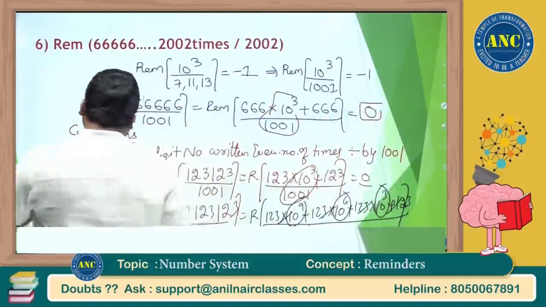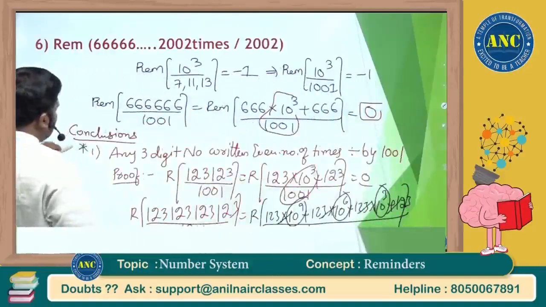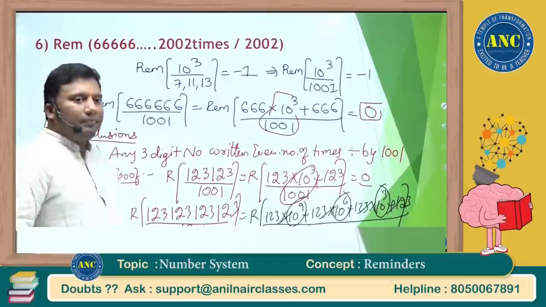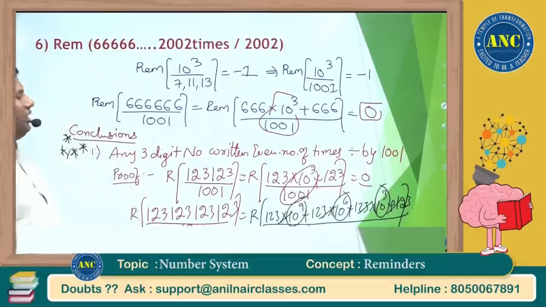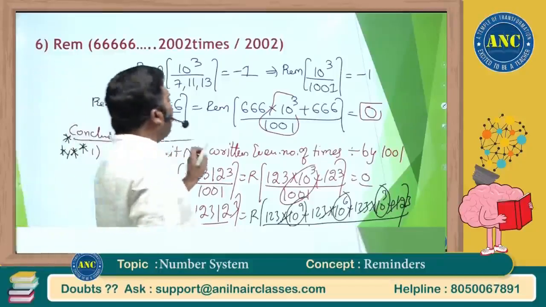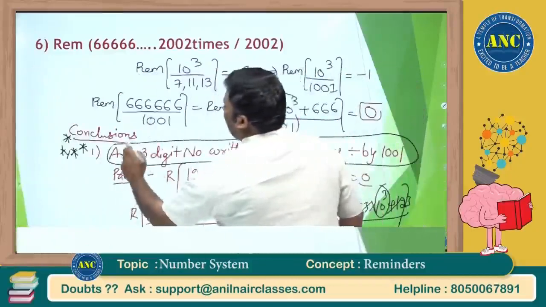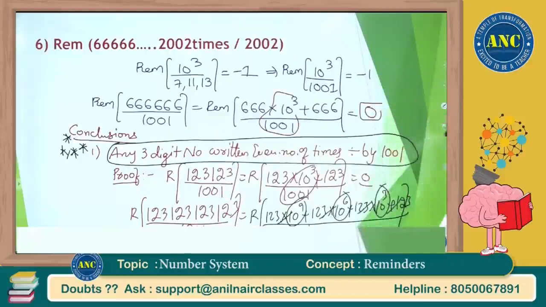It is not just about solving the question. We will discuss the concept hidden in this question in detail. Any 3-digit number written an even number of times is always divisible by 1001.